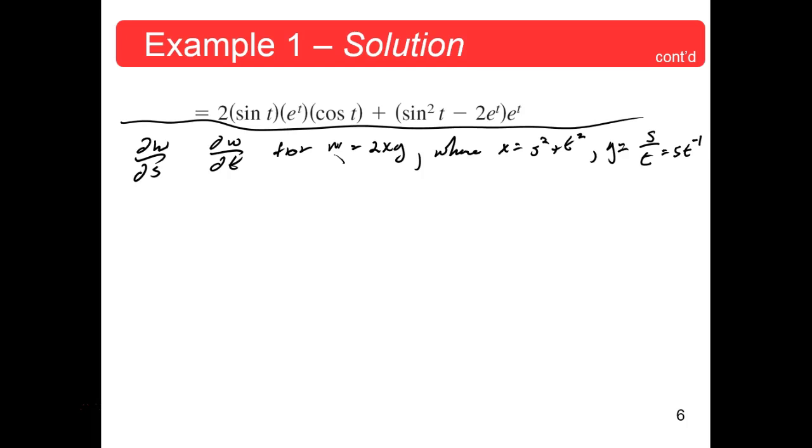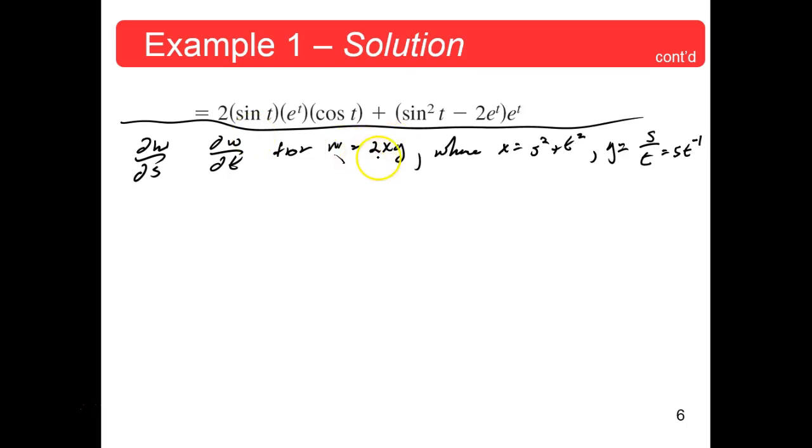So there's a couple ways you can go with this, and perhaps the easiest in this case is just plug in what these are. Now, sometimes you can do this and sometimes you can't, but let's express w as a function of s and of t.